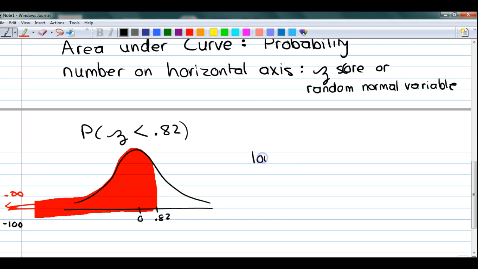So my lower bound, negative 100. Upper bound, 0.82. Mean, 0. Standard deviation, 1. Paste.